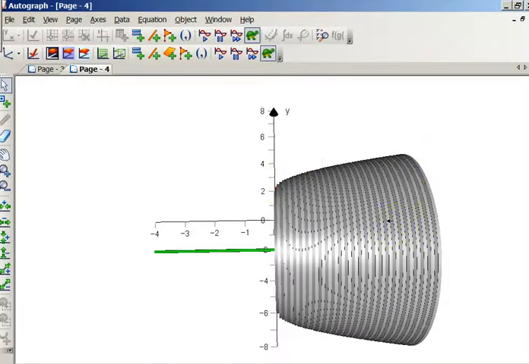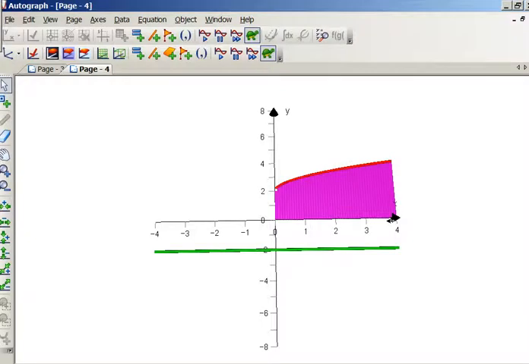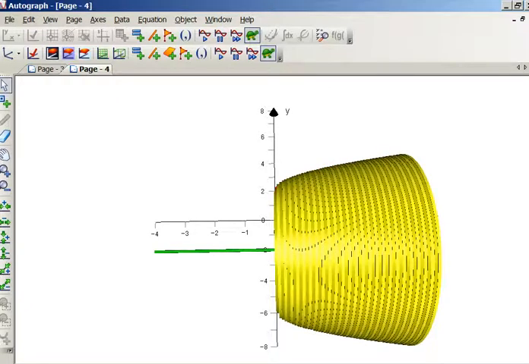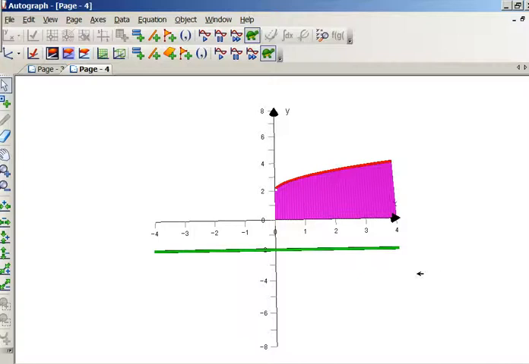Let me take that volume out so you can see it again. It's a little easier to see there. 0 to 4, and put it back in. There we go. So there's the volume. And there it is without the revolve volume in there.